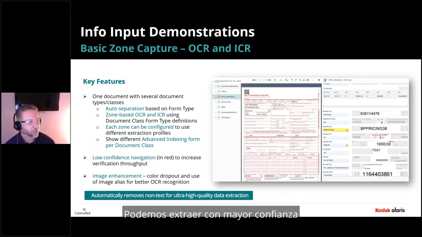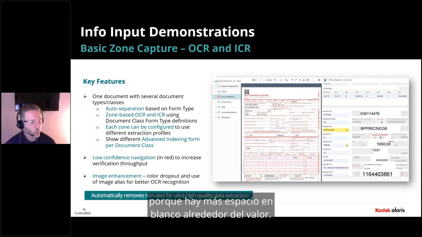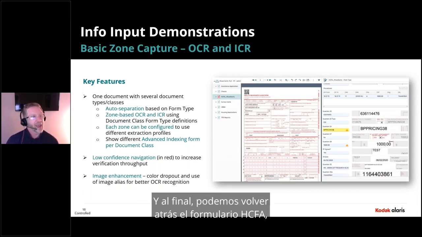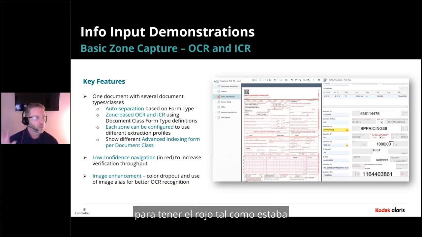We're able to extract with higher confidence because there's more white space around the value. And then we're able to use what we call an image alias during processing. And at the end, we can put the HCFA form back, so you get the red just like it looked when you scanned it.